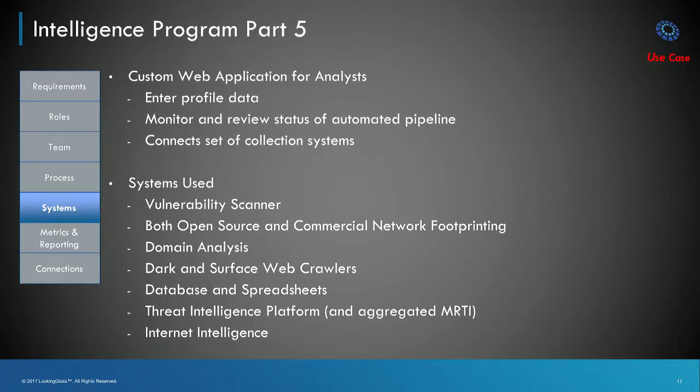The database and spreadsheet capability, sadly, is still a very common tool used by the teams to gather this information and reduce duplicate information. If you're gathering information from multiple sites, how can you easily reduce that from duplicate to single data? And then finally, the ability to manage all of this intelligence information in a platform is really important. So all of these systems were deployed as part of our real-world use case.